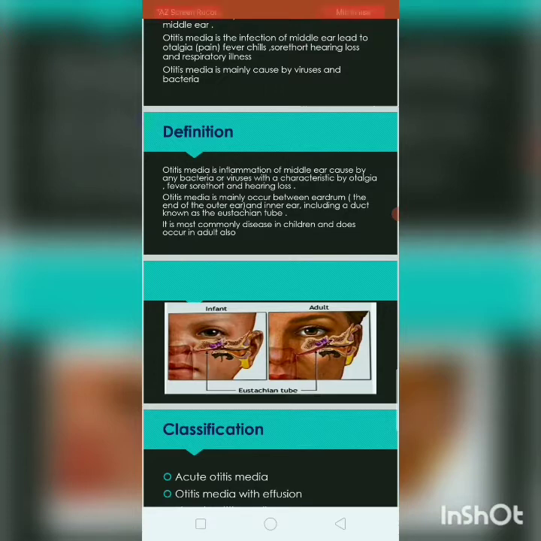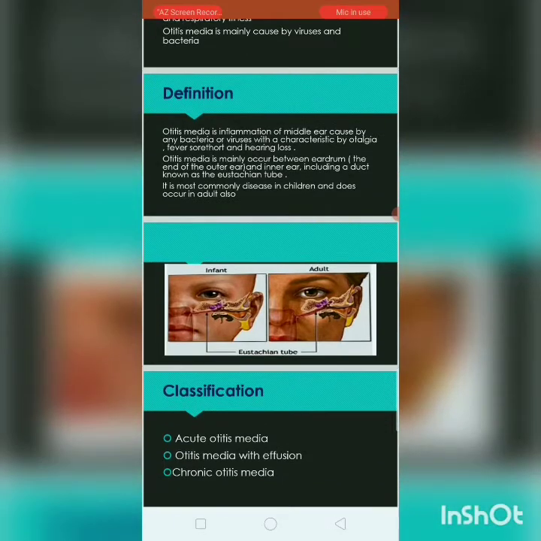So here one question arises: why are children more prone to this disease condition? Because of the eustachian tube. In infants and children, the ET tube is immature and has a straight structure.